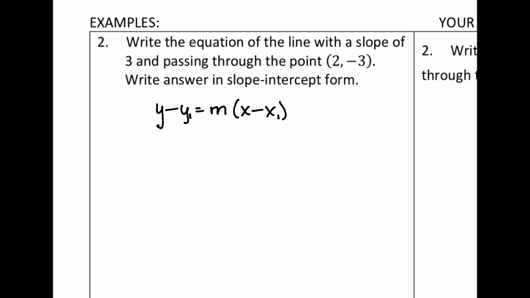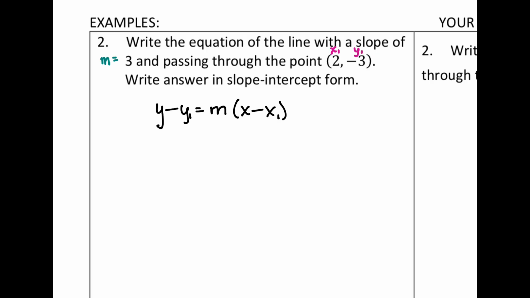All right, so the point is (x1, y1), and the slope, I'm going to write m equals right here, because that's on the other line with a slope of 3. So I'm just doing it this way.